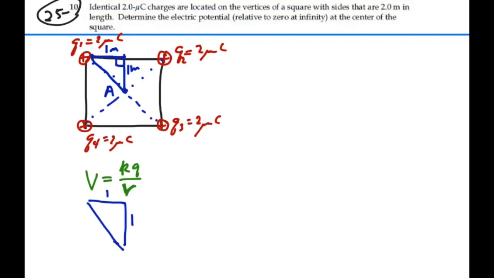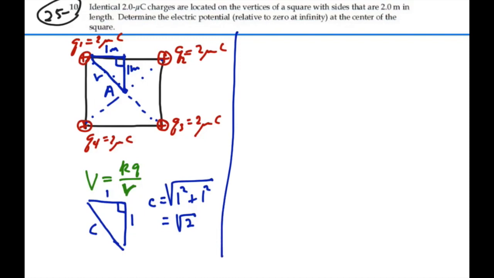And 1 meter here, 1 meter here, right triangle. So the distance C is going to equal the square root of 1 squared plus 1 squared, which is the square root of 2. So our distance r from one charge to the center of the square is going to be the square root of 2.